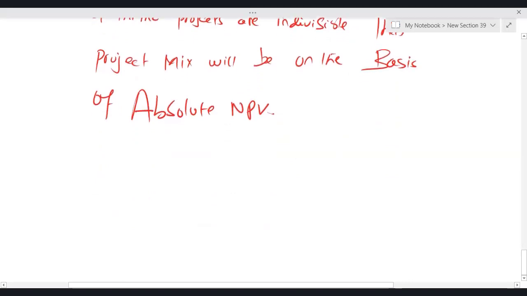We have another term also, that is slack, unused funds.